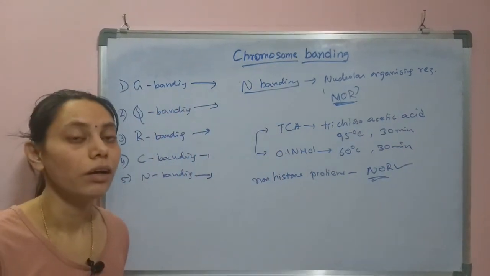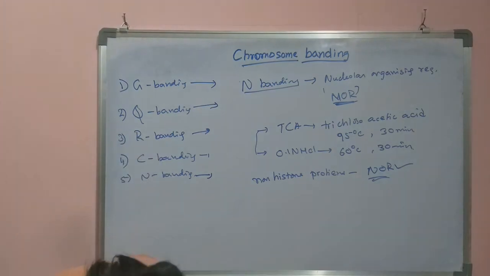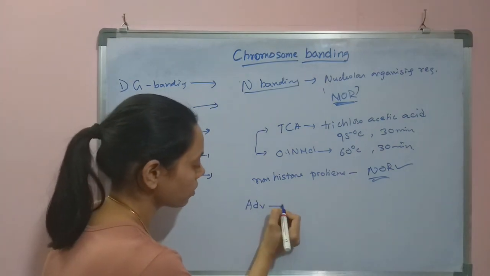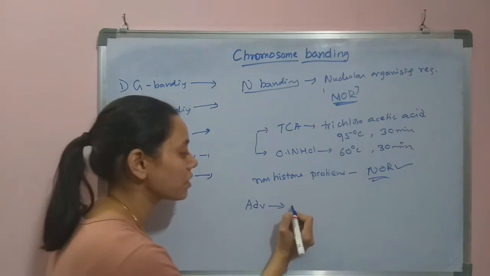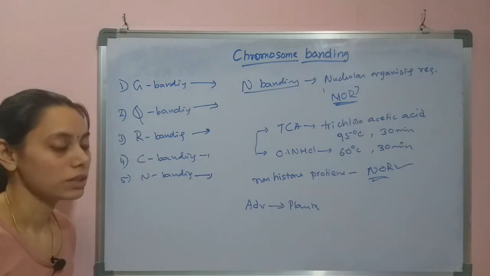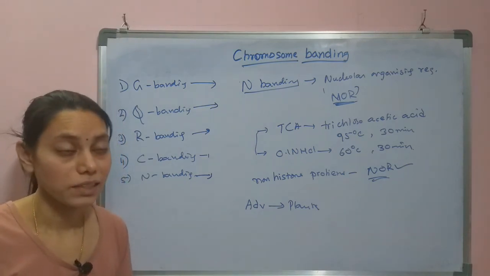So this is the beauty of the N banding technique. The main advantage of this method is that N banding is suitable for plants. So these are the basic types of the banding techniques.